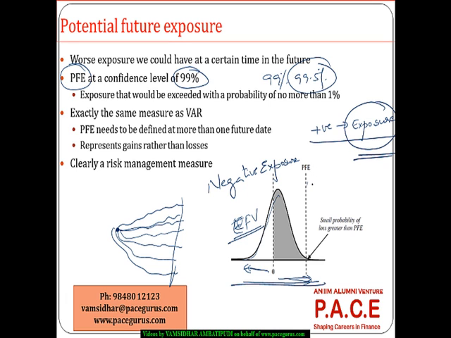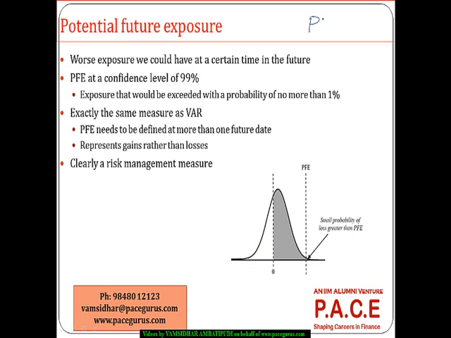So we are looking at the worst exposure which we can have at a certain future time. This is defined on the same lines as value at risk, because what we are saying here is the exposure that would be exceeded with a probability of no more than 1%. There is a 1% chance that the exposure will be more than this particular number. That is what we are calling potential future exposure.